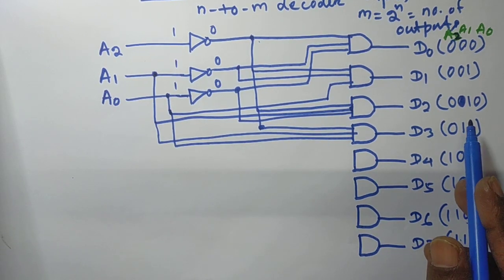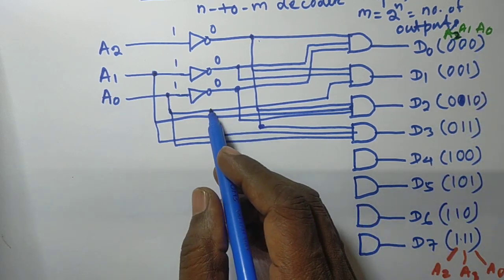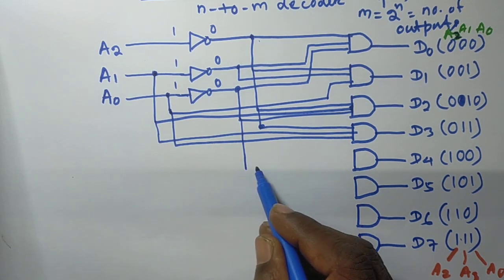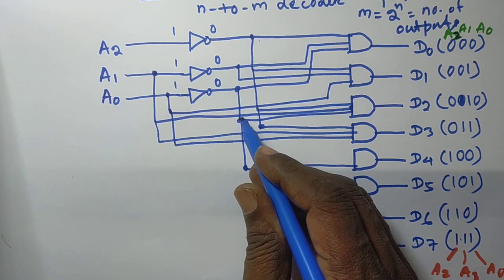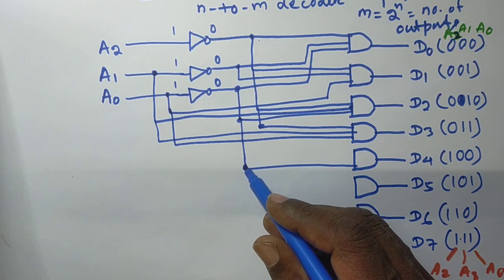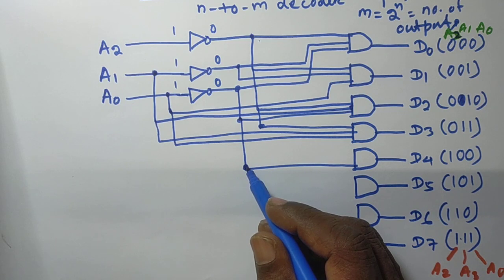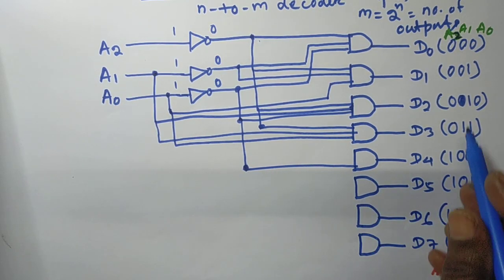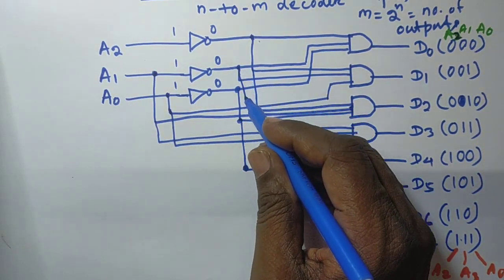D4 means A1 and A0 are both 0. A0 is 0, and whenever 0 is connected here, we put a dot, a dark point, to mark the connection. A1 is 0, the same thing, we connect here.